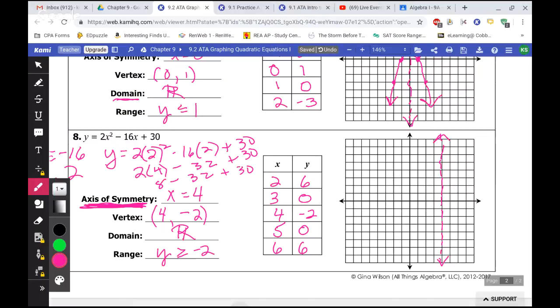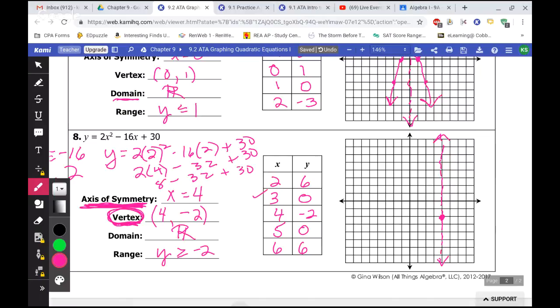And now you're right. I'm going to go over 4 and down 2. And what did I just plot? What's that special point called? Vertex. Good job. And now I'm going to plot the other points on the line.